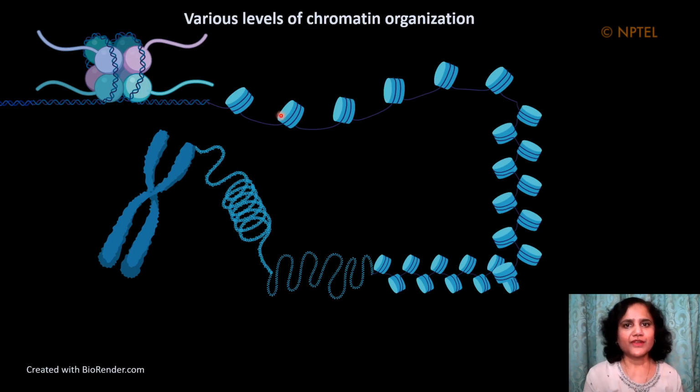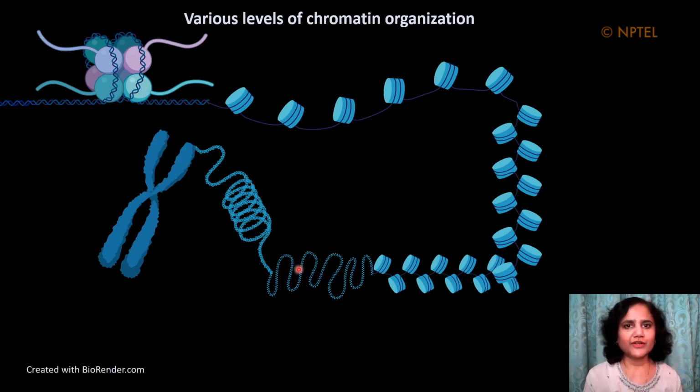This beads on a string 10 nanometer fiber is then further folded into a 30 nanometer fiber. And you can see this here. And then this is further folded by formation of loops.